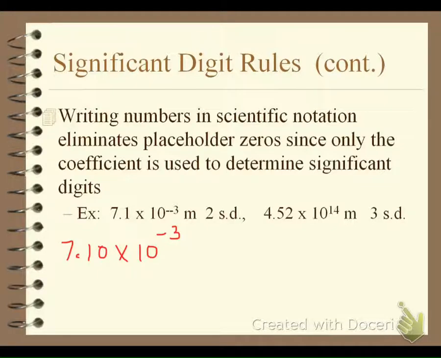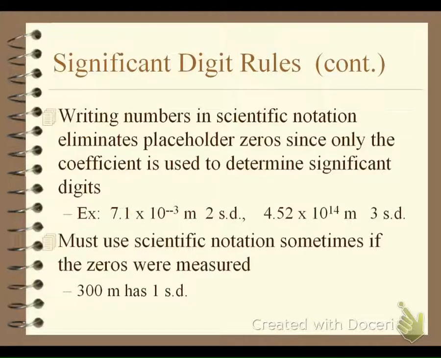7.10 times 10 to the minus 3 would have 3 significant digits because I'm only looking at the coefficient. Sometimes we are forced to use scientific notation to show how many significant digits. For example, 300 meters with no decimal would only have 1 significant digit. The uncertainty as written is plus or minus 100 meters.